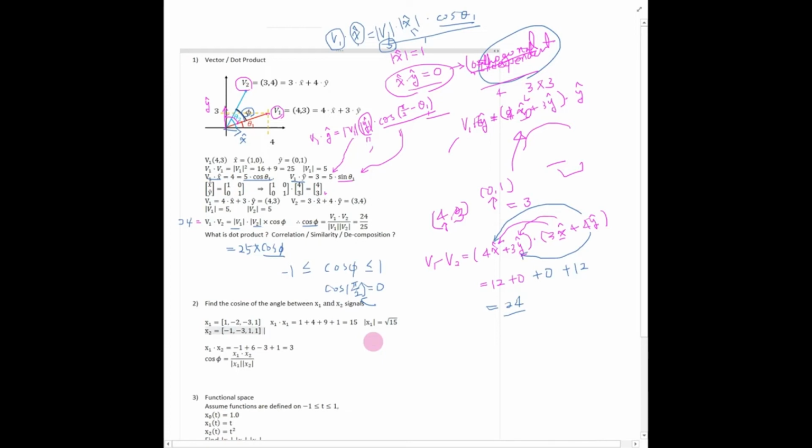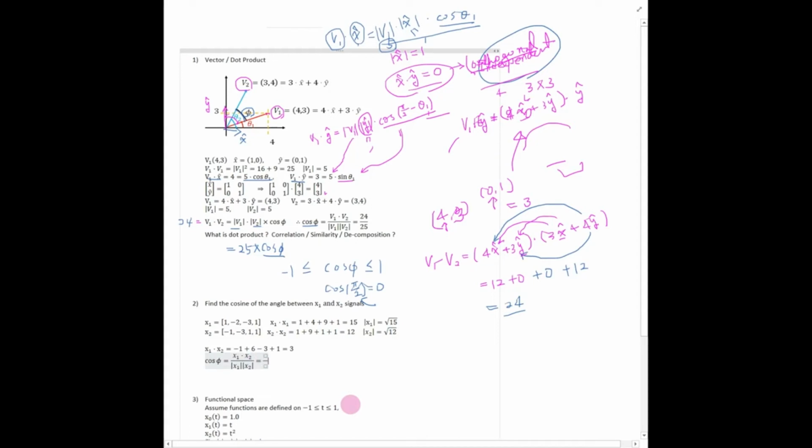And what about x2? It gives 1 plus 9 plus 1 plus 1, that's the self dot product, which is 12. So the x2 magnitude is the square root of 12. Then we can figure out the result.